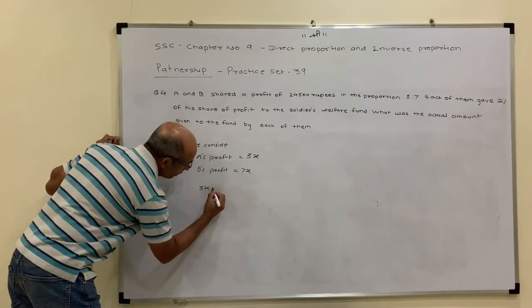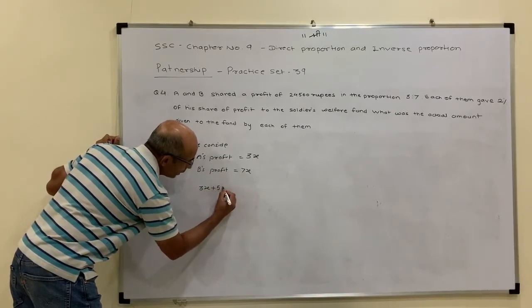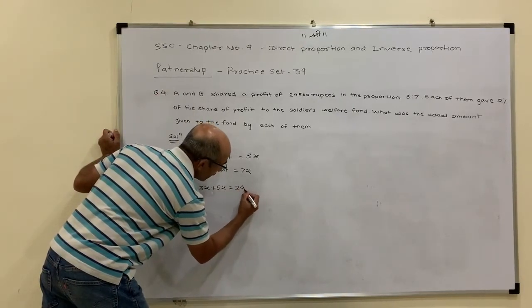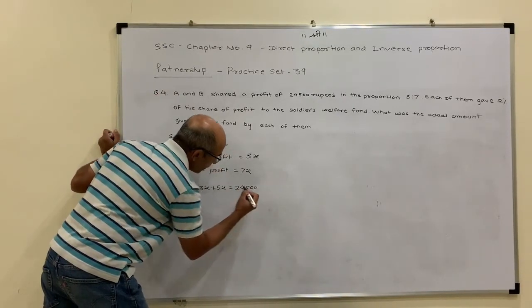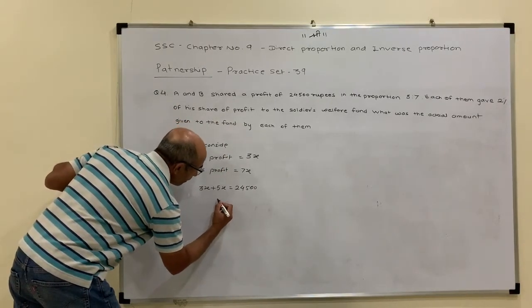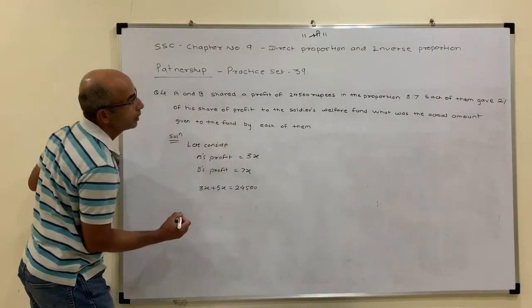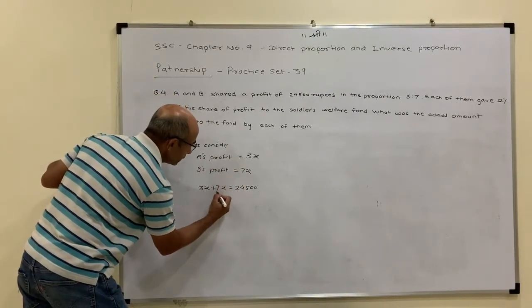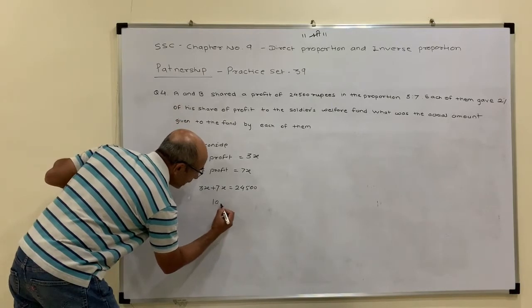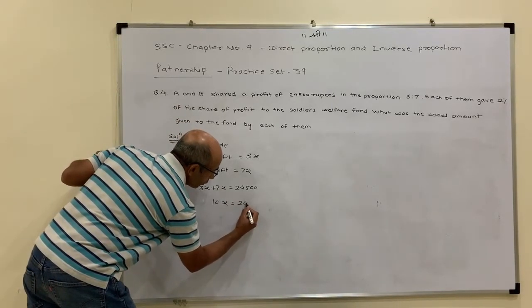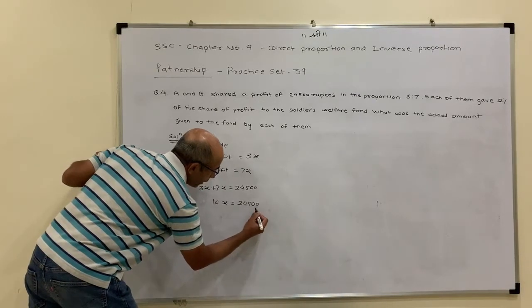How much is the total profit? A's profit plus B's profit equals the total profit, that is 24,500. 3x plus 7x comes out to be 10x equals 24,500.